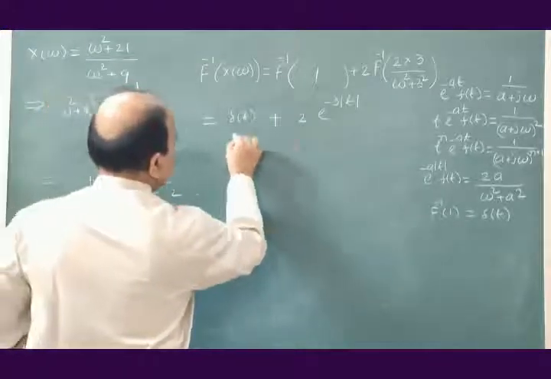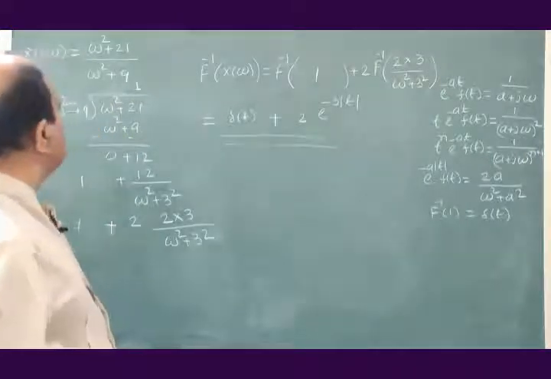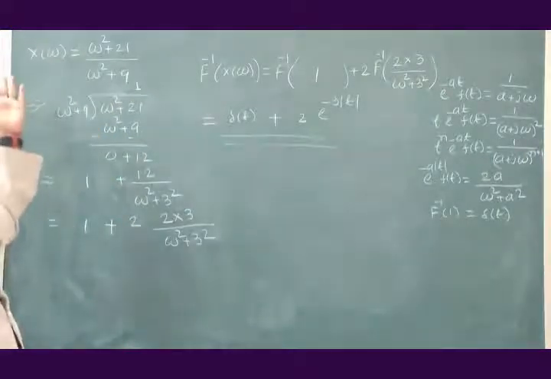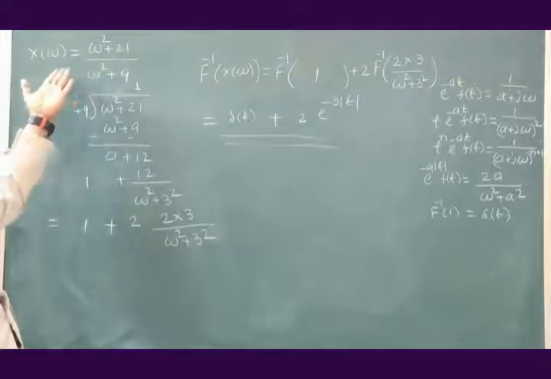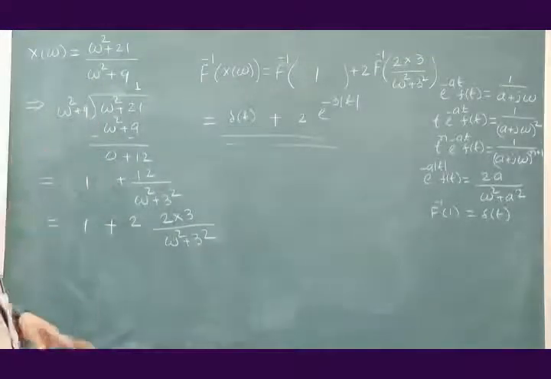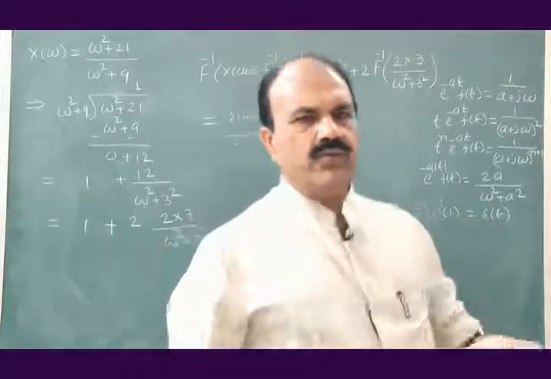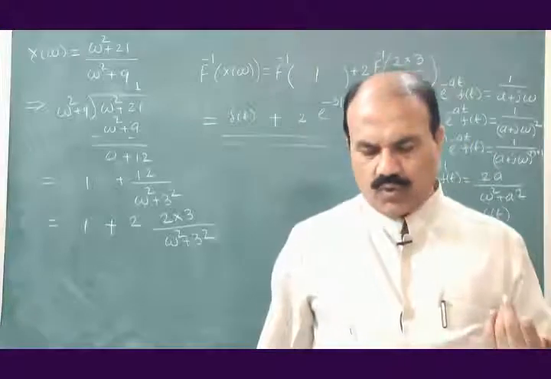So this is the correct answer of the inverse Fourier transform of this function X of omega is equal to omega square plus 21 divided by omega square plus 9.